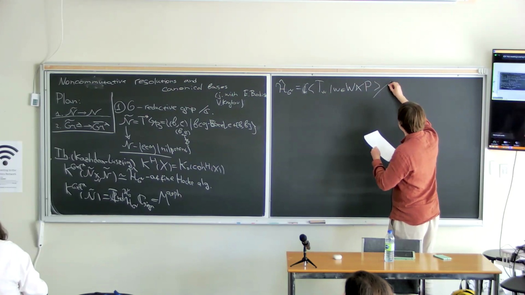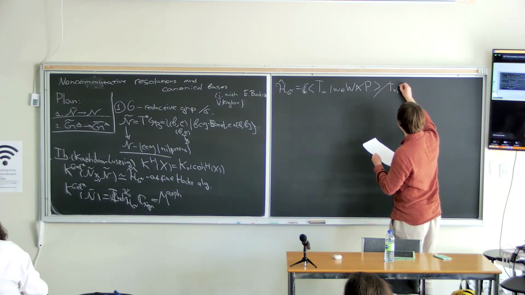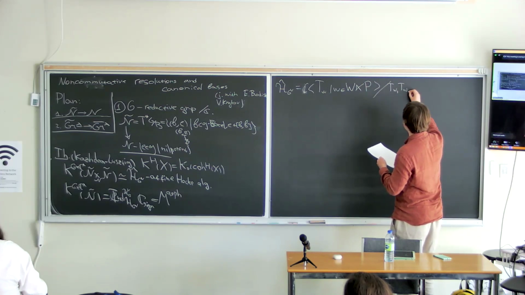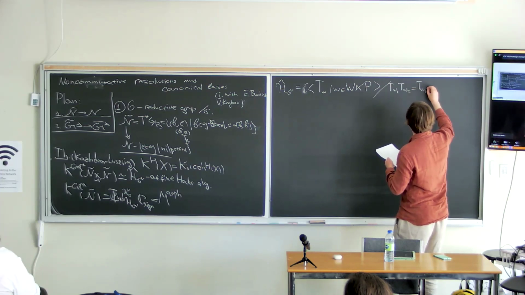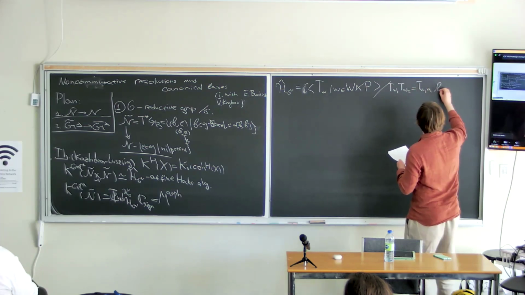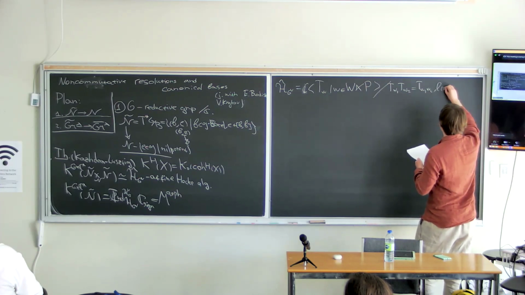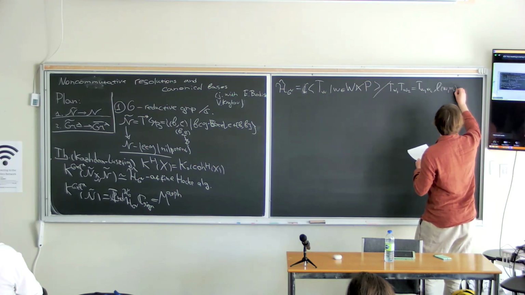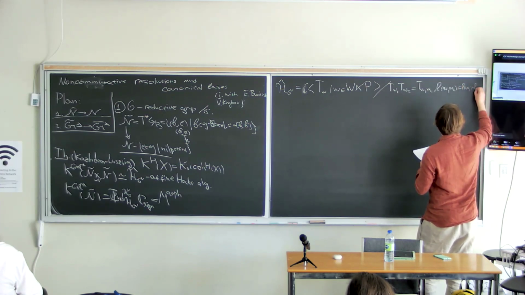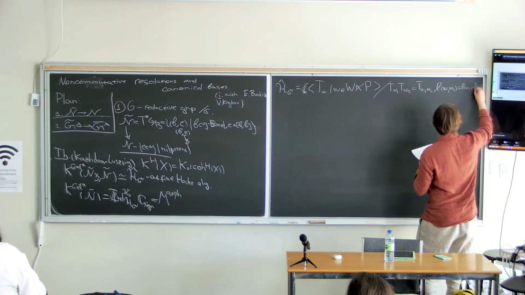With the following relations. So T_{w1} times T_{w2} is just T_{w1 w2} whenever the length in the affine Weyl group of w1 w2 is the sum of length w1 plus length w2.